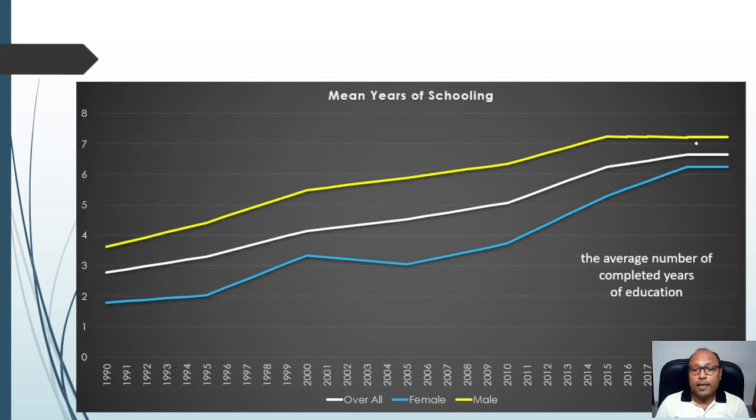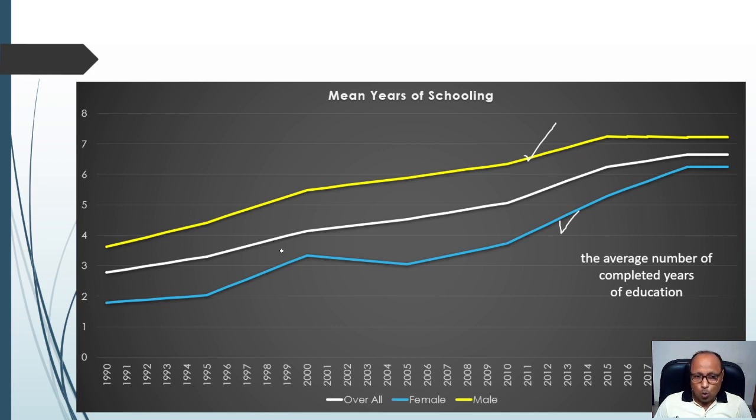If you look at mean years of schooling, the picture is slightly different. Mean years of schooling is the average number of completed years of education. So for those who are not of school-going age, 25 plus, what is the average years of education that they have? And here, the average years of schooling of male is much higher than that of female. Of course, both are improving, but there's a gap.